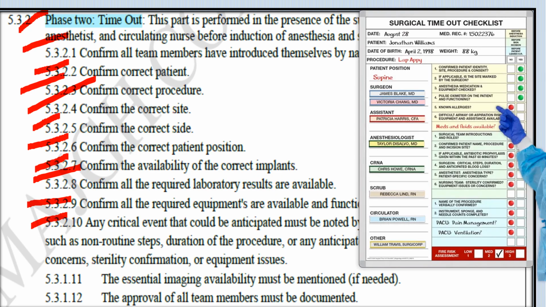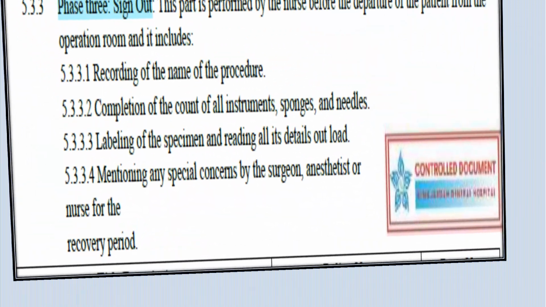Any critical event that could be anticipated must be noted by the surgeon, anesthetist, or the nurse, such as non-routine steps, duration of the procedure, or any anticipated blood loss, as well as any specific concerns, sterility confirmation, and equipment issues. Now, the essential imaging availability must also be mentioned, and the approval of all team members must be documented.